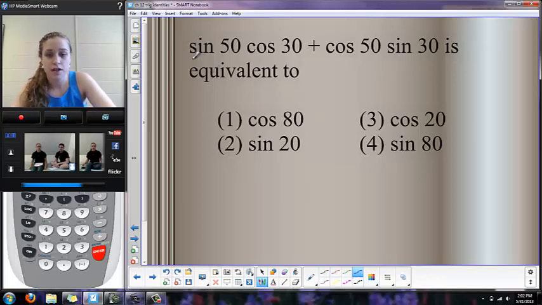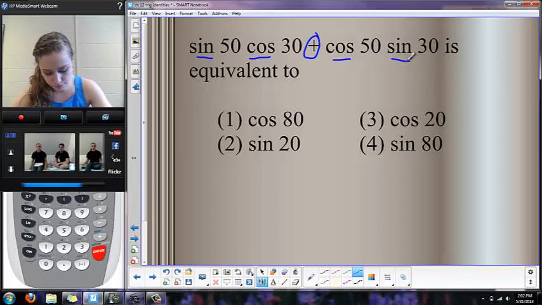Fantastic. This time we're looking for the pattern that goes sine, cosine, plus cosine, sine. So take a look at your reference sheet. Sine, cosine, plus cosine, sine, and I found the one that matches with that. And that equation is sine of a plus b.